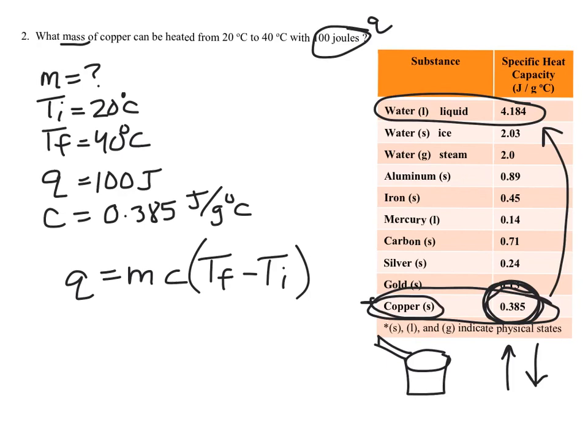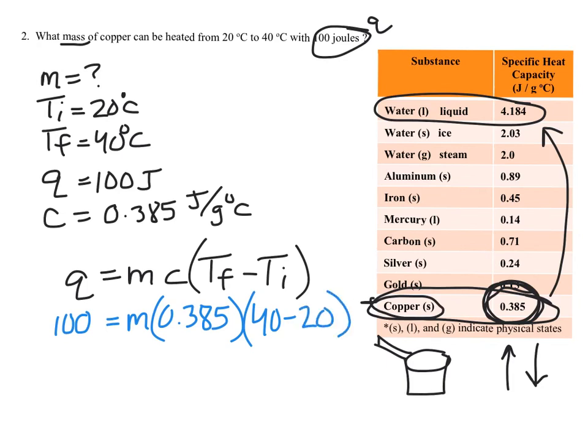All right, let's go back though here. We've got our equation. Let's start plugging in. For Q, my heat and energy, I have 100 joules. For mass, I have no idea. I'm going to leave that as my variable. For my specific heat, letter C, I know it's 0.385. And for my final temp, which was 40 degrees, and my initial starting temp was 20, I'm going to plug those in. 40 minus 20 is 20 degrees.